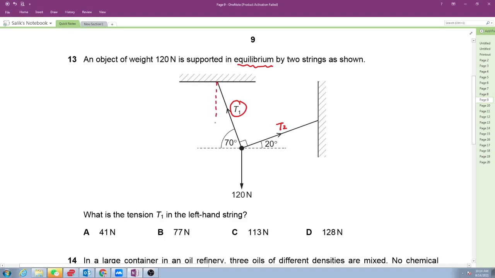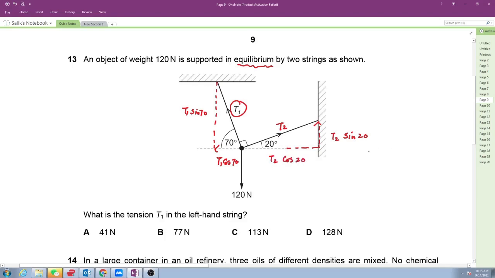This is our T1 cosine 70, this is T1 sine 70, and on this side, if we complete the diagram, this one is T2 sine 20, and this one is T2 cosine 20.